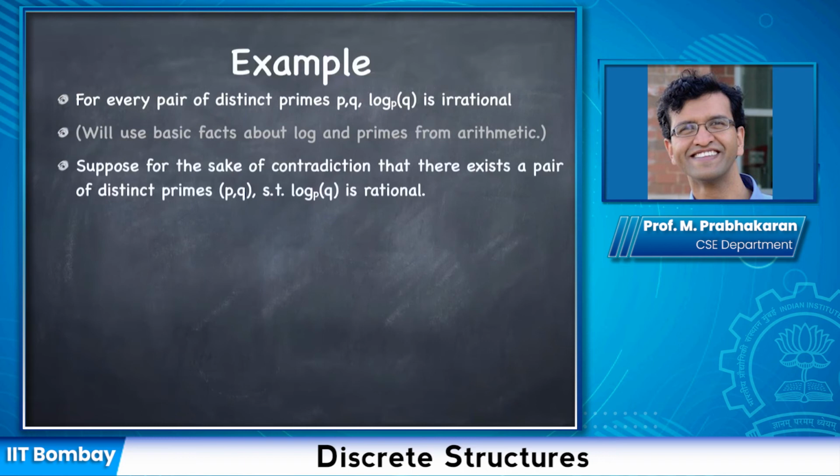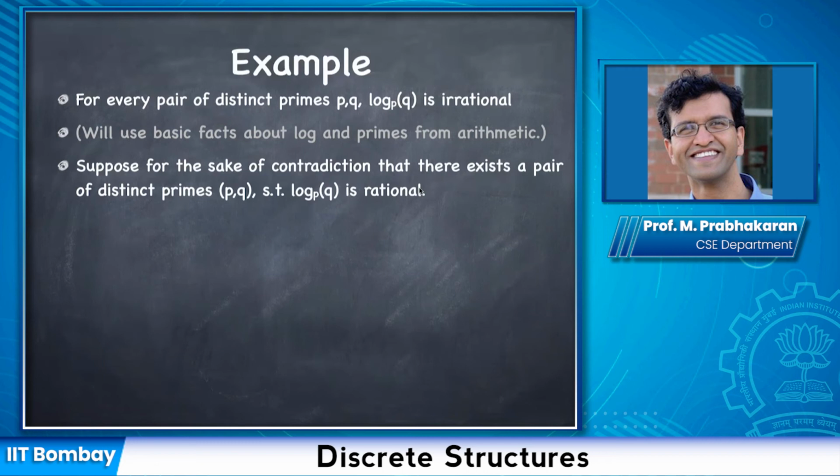So suppose, for the sake of contradiction, that indeed this is a rational number, right? What does it mean for something to be a rational number? Rather, first I should say, this statement was saying that for every pair of primes p, q, this is irrational. So its negation is that there exists some pair of primes for which the logarithm is rational, right?